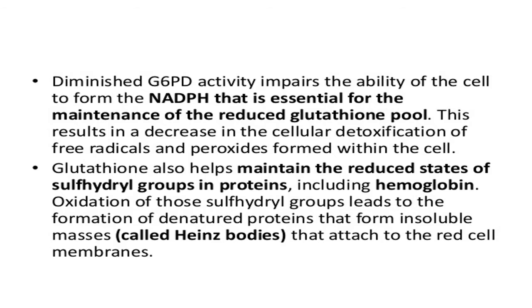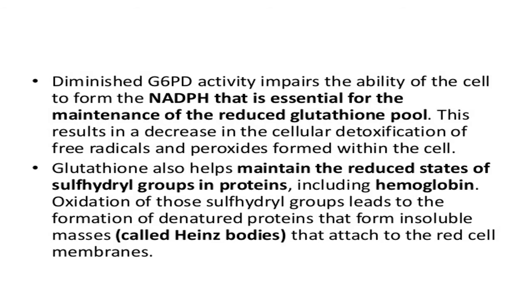Diminished G6PD activity impairs the ability of the cell to form NADPH, that is essential for the maintenance of the reduced glutathione pool. This results in decrease in the cellular detoxification of free radicals and peroxides formed within the cells. The glutathione also helps to maintain the reduced state of sulfhydryl groups of proteins, which also includes hemoglobin.